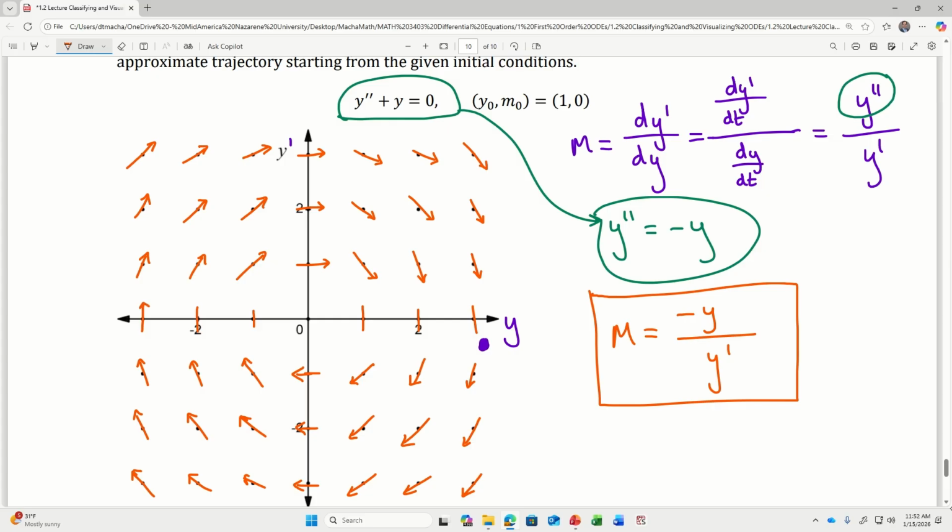And then based on continuity, we should intuitively see what direction the arrows should be going there.